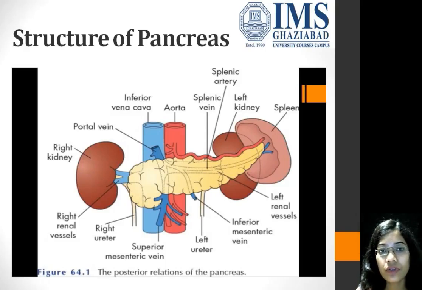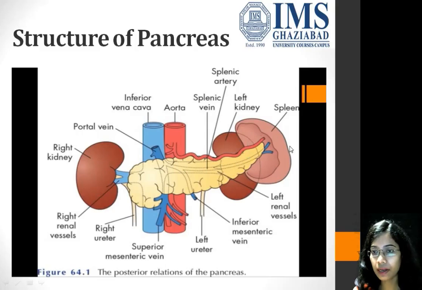Structure, we will discuss now the structure of the pancreas. Here you can see that the yellow part is the pancreas, with the right kidney and left kidney. It is situated above both the kidneys, and the tail part of the pancreas is in connection with the spleen.